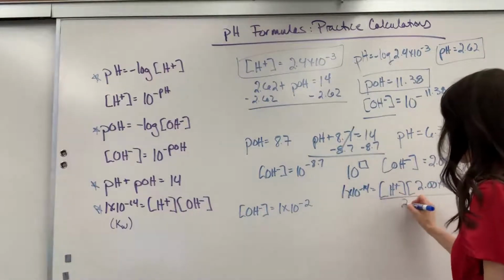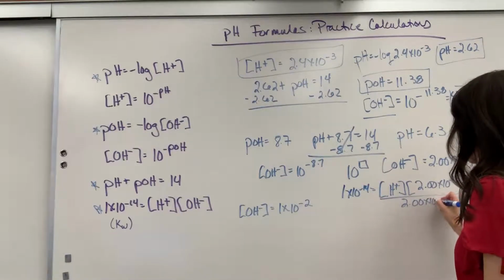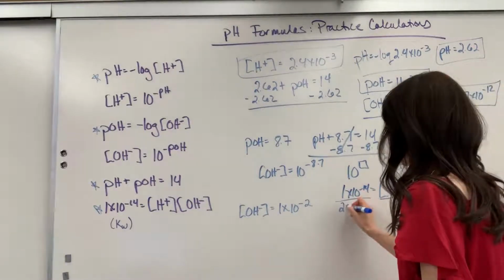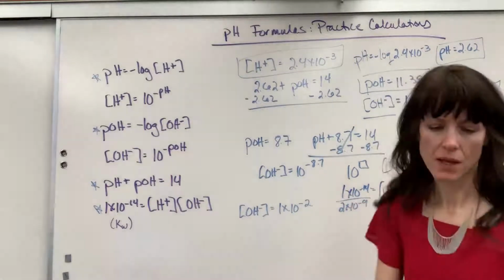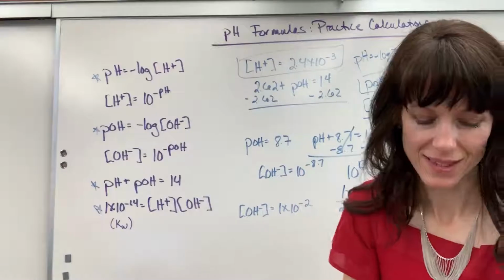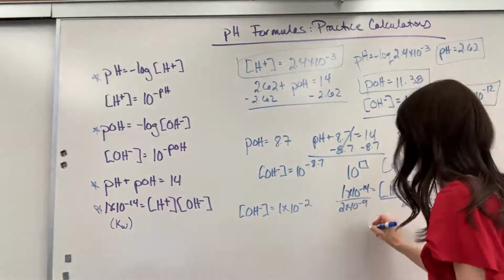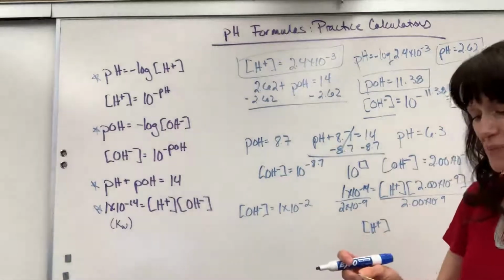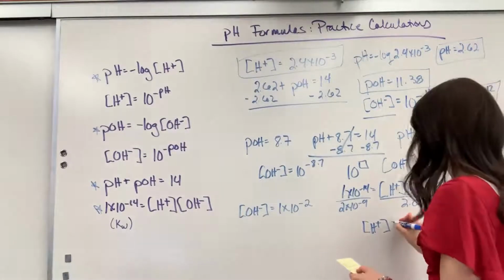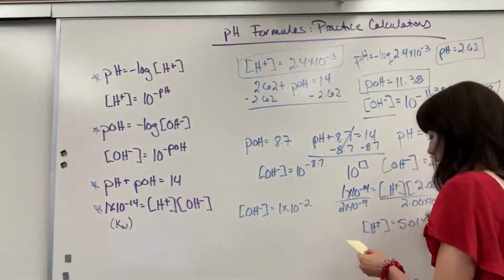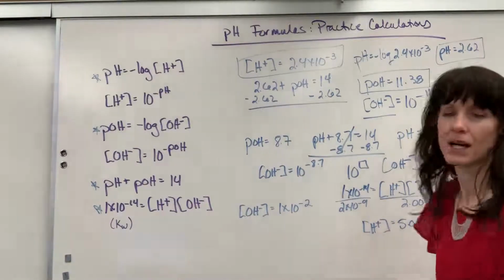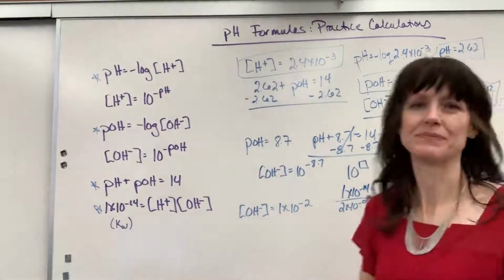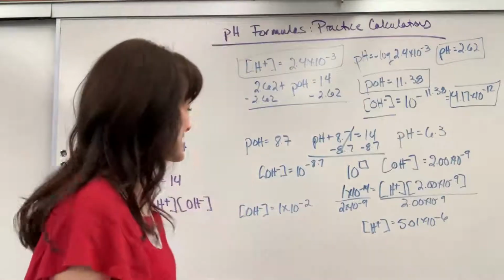If we divide both sides by 2 times 10 to the minus 9, the hydrogen concentration will be about 5 times 10 to the minus 6.